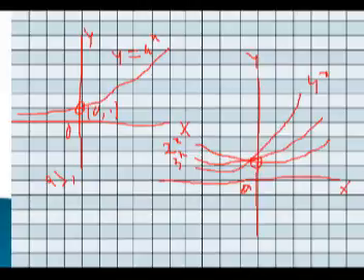So now let's discuss the second case, where a varies from 0 to 1.